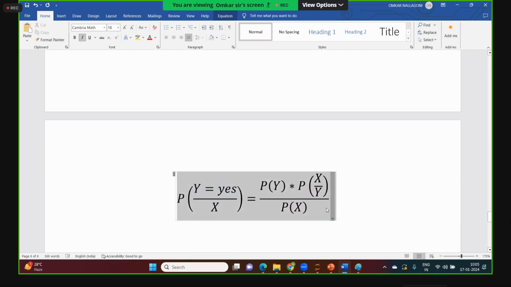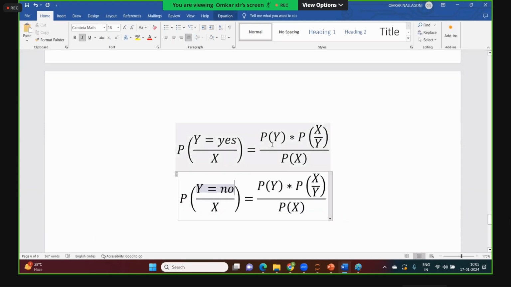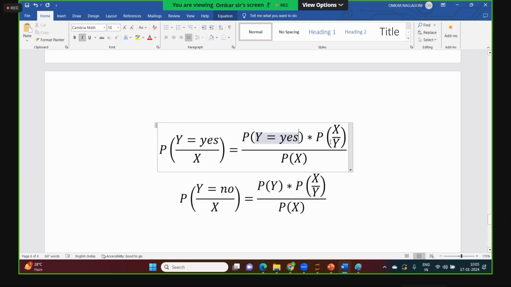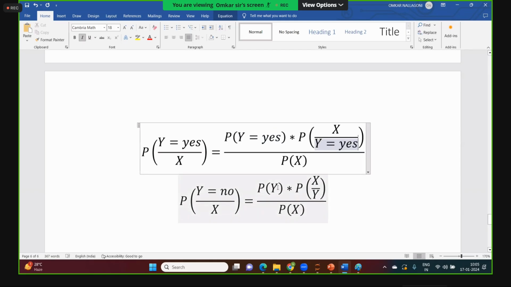And similarly, P of y is equal to no you will get. Whichever is highest, that is the answer. So here y equal to yes, and here y equal to no.